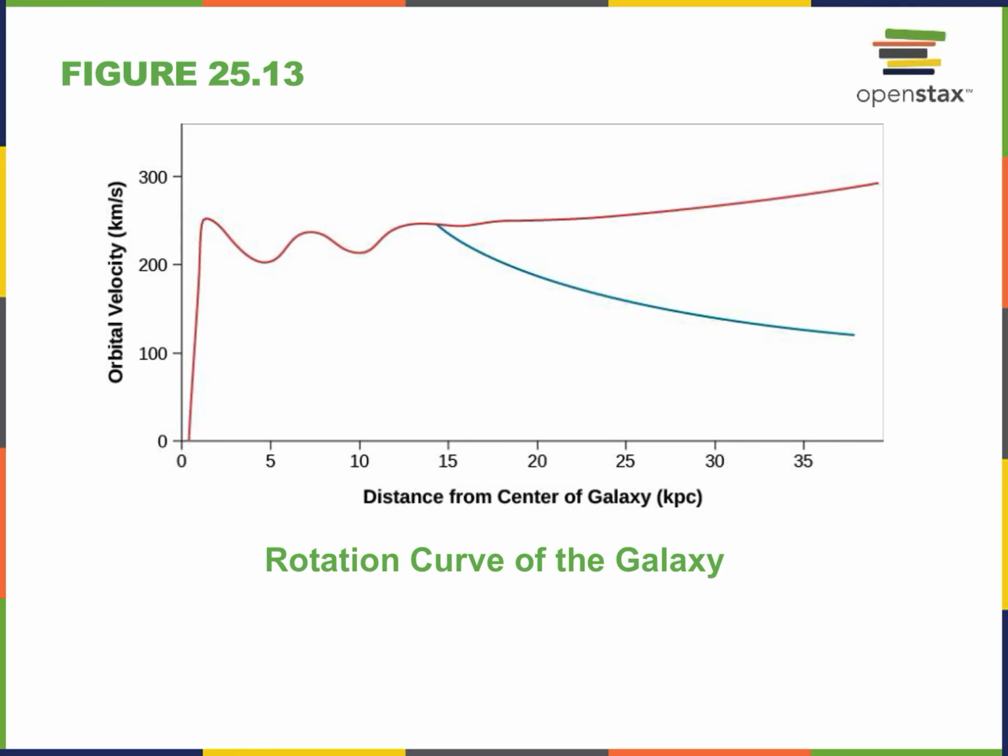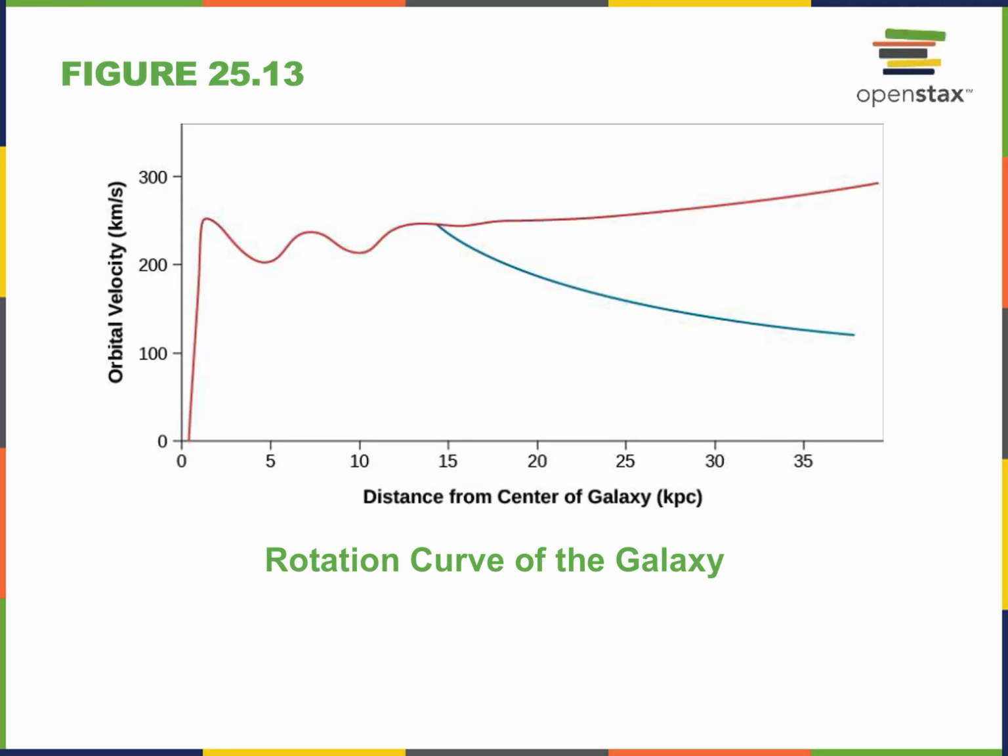At these speeds, they should have escaped from the galaxy, if the visible mass of the galaxy is the total mass of the galaxy. The gravity of the visible mass isn't nearly enough to hold the outer parts of the galaxy together. There must be lots of mass in the outer regions that we're not seeing.